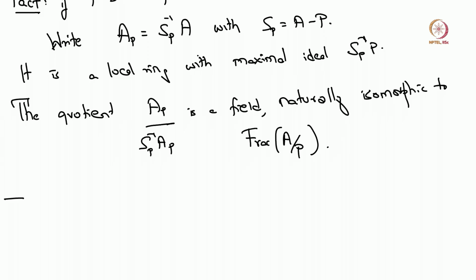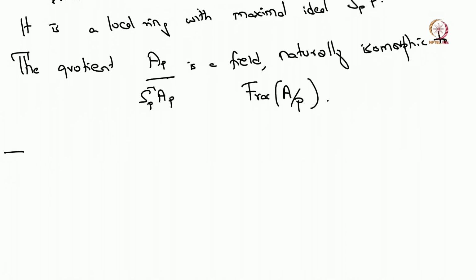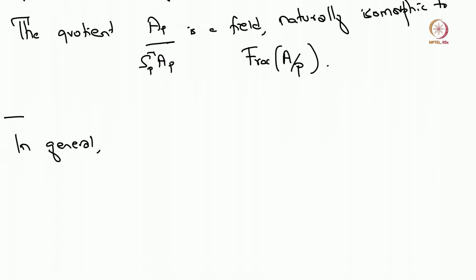Okay, and so just to summarize, in general, you have a domain sitting inside K, and then you have this multiplicatively closed set S, and it could be possible that this K is sitting inside some other field.